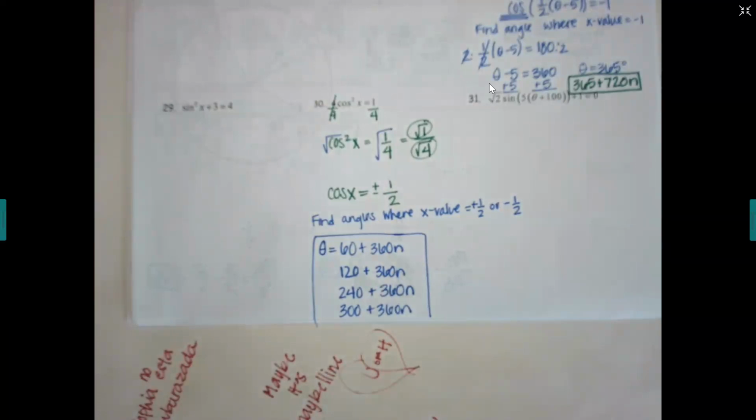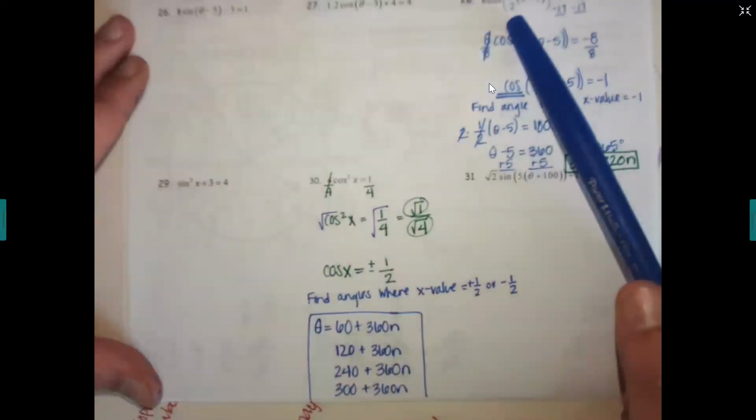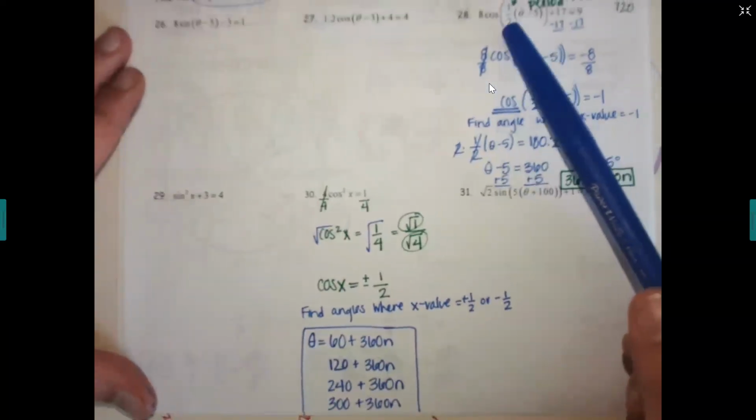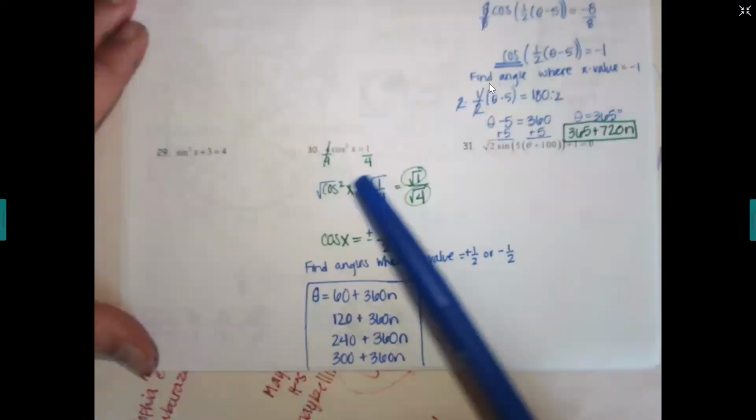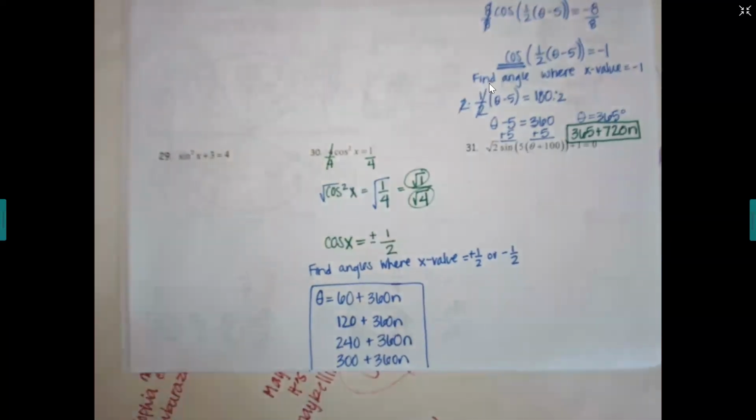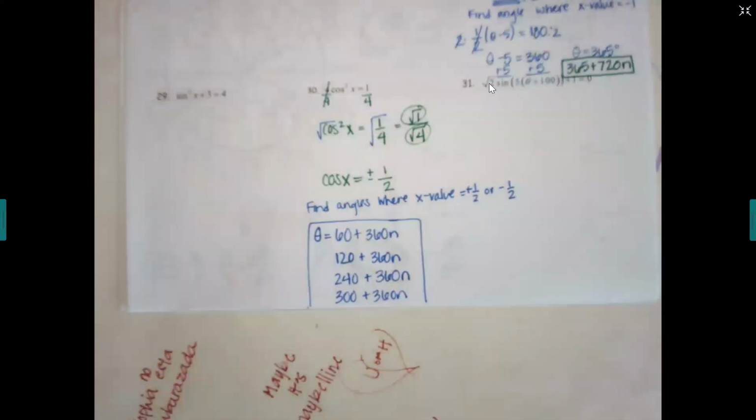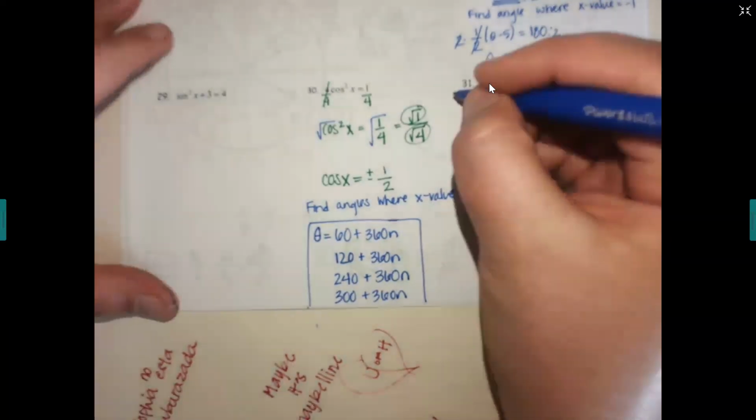One other thing to point out is that, remember in the last example, you had this number that was changing the period. Okay, that's between the parentheses, versus on this one, I didn't have that. That's why I just left my 360n as a 360. Okay. All right, last one for the first half, number 31.